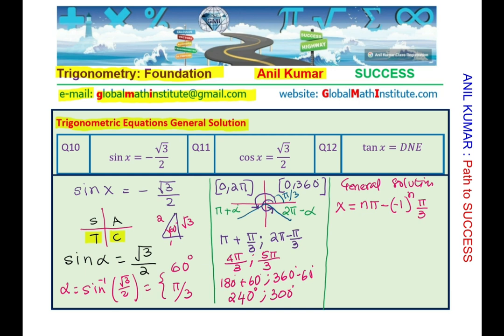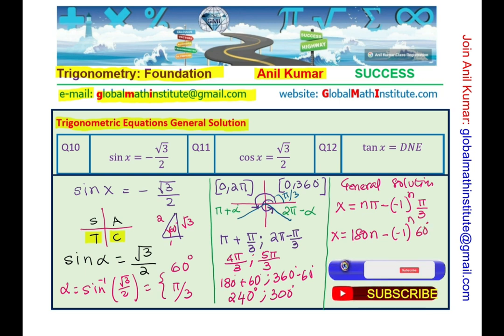But if n is 2, then we subtract from 2 pi, right? In case you want to write in degrees, then it will be 180n, sorry, pi is 180. 180n minus minus 1 to the power of n of the related acute angle 60 degrees. Does that make sense? So that is how you're going to write the general solution for sin x equals minus square root 3 over 2.